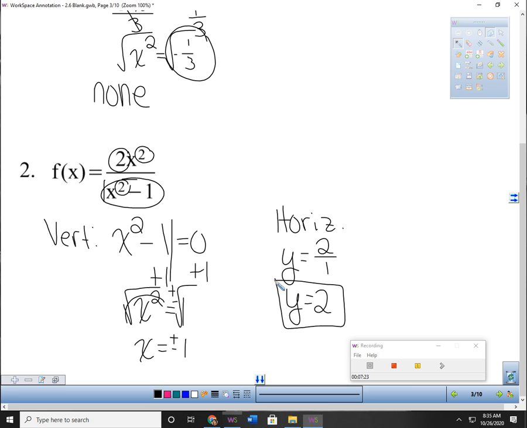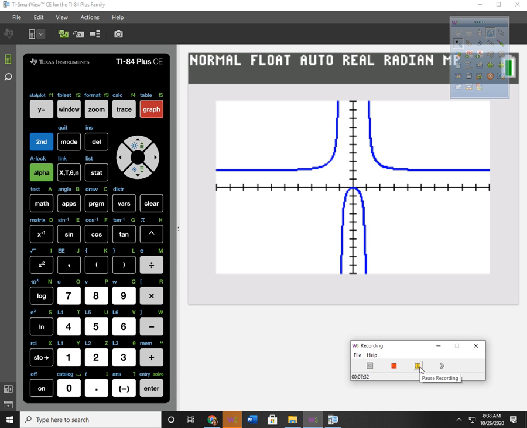Now, although I want you to show the work, there are ways to look at this on a calculator, so grab that. All right, so this is the graph of number 2. We said we had a vertical asymptote at positive 1 and negative 1. So that's straight up and down.